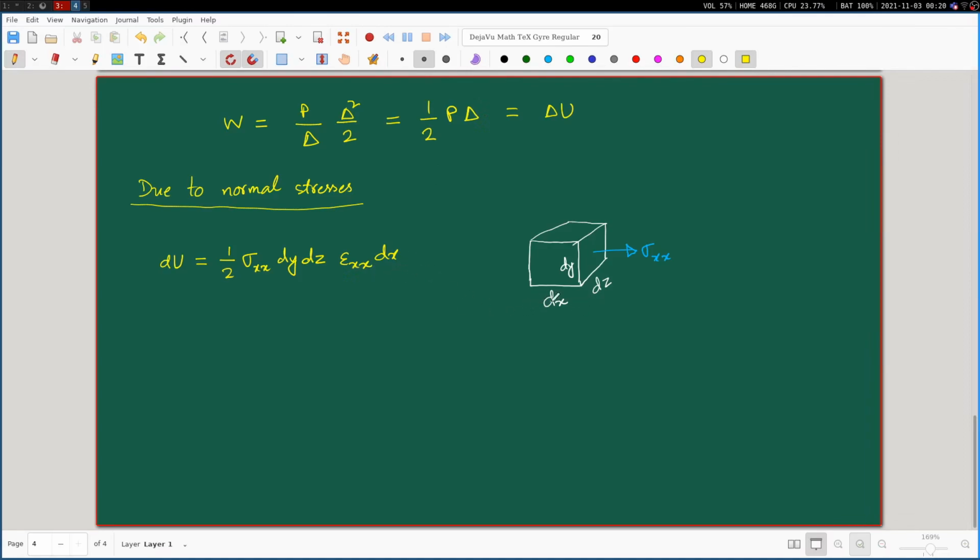This dx is like the undeformed length, and that multiplied with epsilon xx, the strain along that direction, gives me the change in the length of this element in the same direction that sigma xx is being applied. So this part is the force and this part is the displacement.